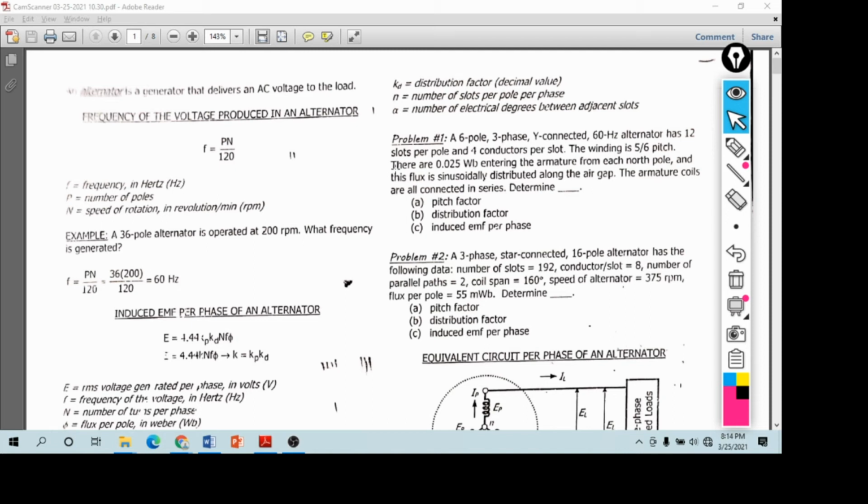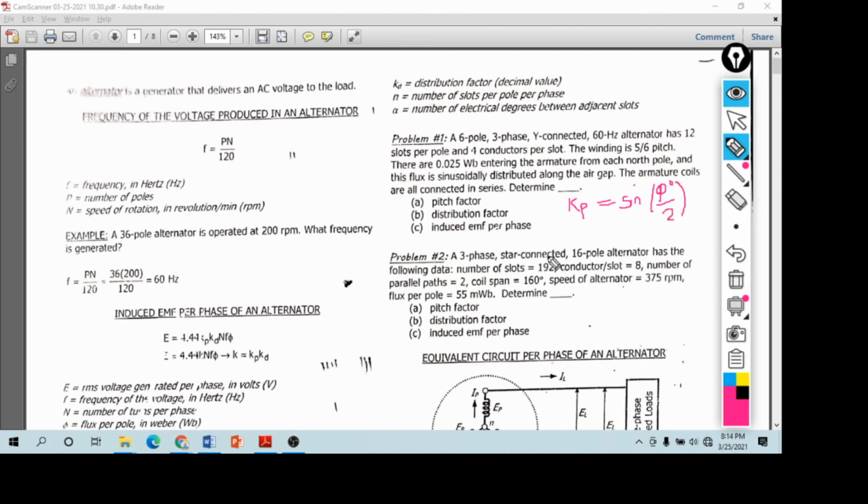Now, the pitch factor can be solved directly. So Kp is equal to sine of P over 2.